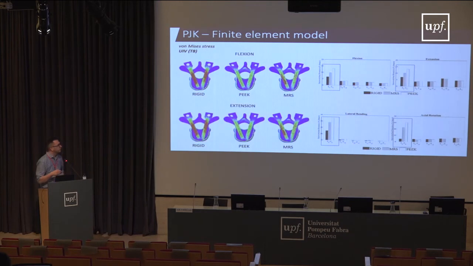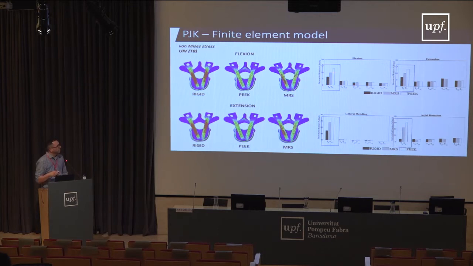And here you can see the results of the simulations. On one hand, the stress on the upper instrumented screw was absolutely lower in case of the PEEK and the multiple rod system constructs. So the stress on the screw.